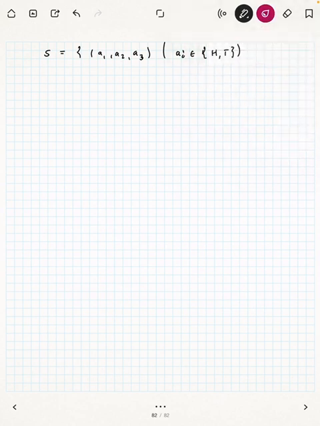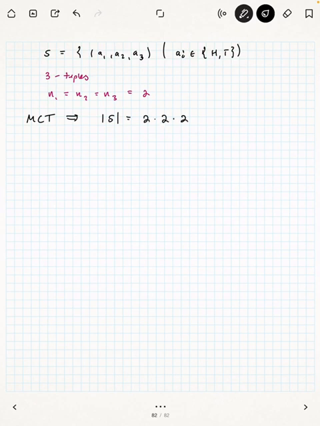So what we have here is 3-tuples, and for each spot, we have the same number of possibilities. 2, right? So this would be the same as if we were talking about true or false questions or yes or no questions, right? So there's 2 possibilities. It's binary. By the multiplication counting principle, MCT, we know that there's 2 times 2 times 2, or 8 total possibilities.